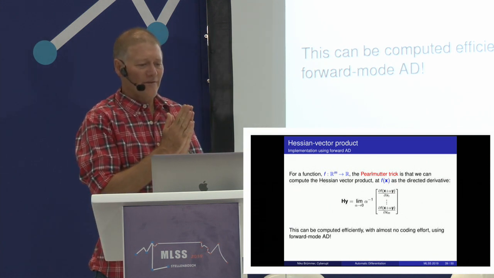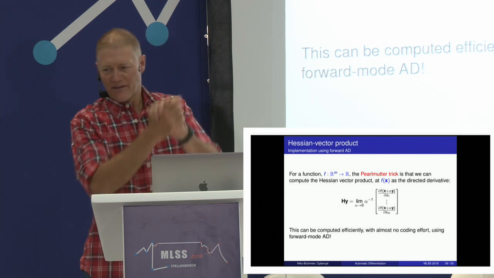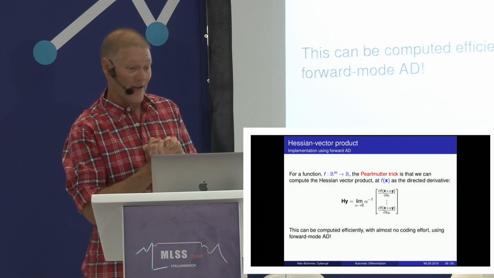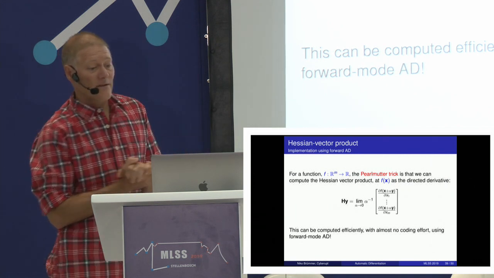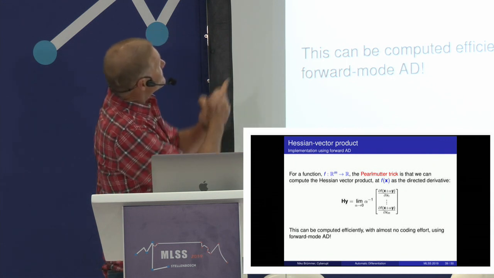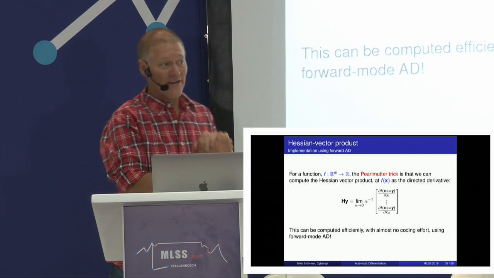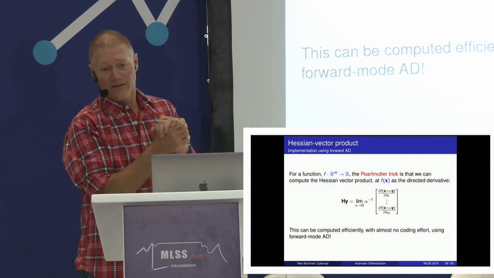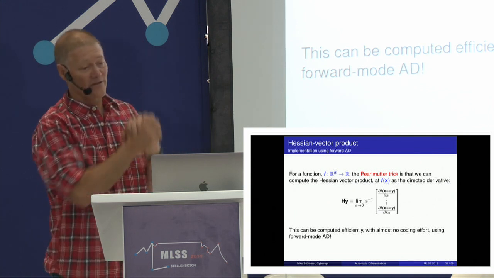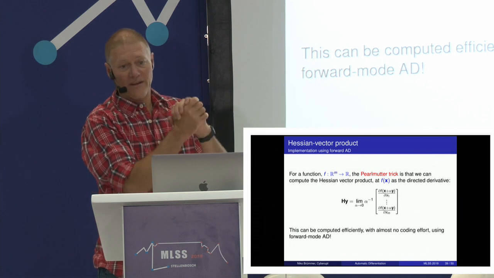Remember, we're talking about a function with an m-dimensional input that gives a scalar output. So that function has a gradient, and if you send an argument into that function that is constructed like this, where x is the value that you're interested in, you want to evaluate the Hessian at x, but then you add some multiple of another vector to it.